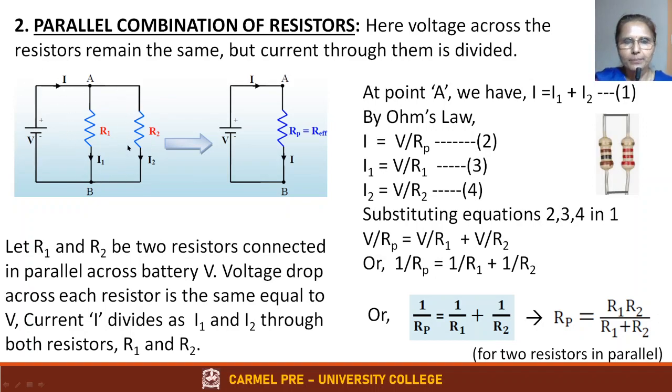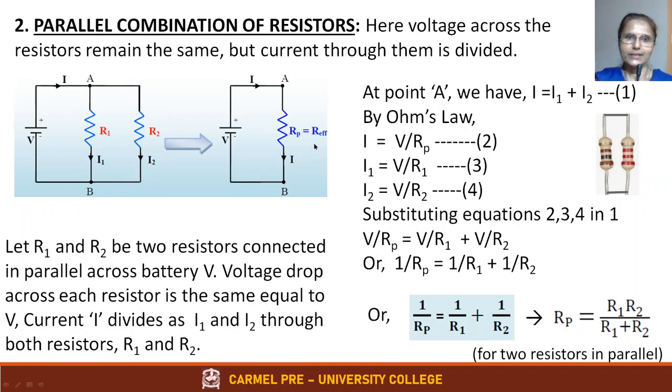So here what happens, voltage across each of them remains the same, but the current gets divided. The main current coming from the power supply gets divided into I1, I2. So total current is I is equal to I1 plus I2, but the voltage across R1 is also V, voltage across R2 is also V. Now our job is to find the total resistance when they are connected in parallel.